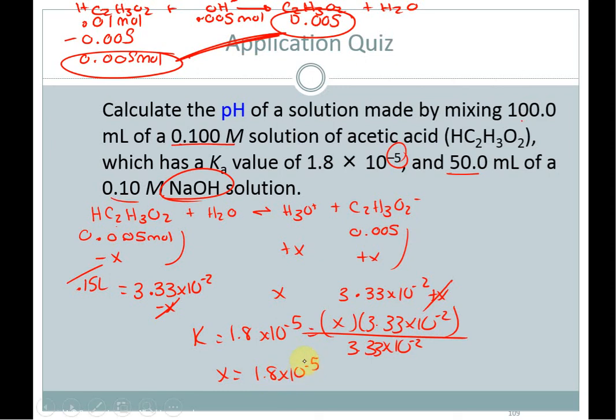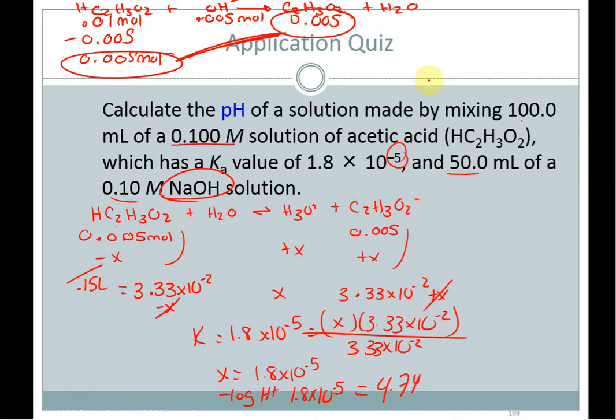That is our H+, or our hydronium ion concentration. And so we can take the negative log of our H+, or 1.8 times 10 to the minus 5, to find our pH. And it should be something like 4.74.